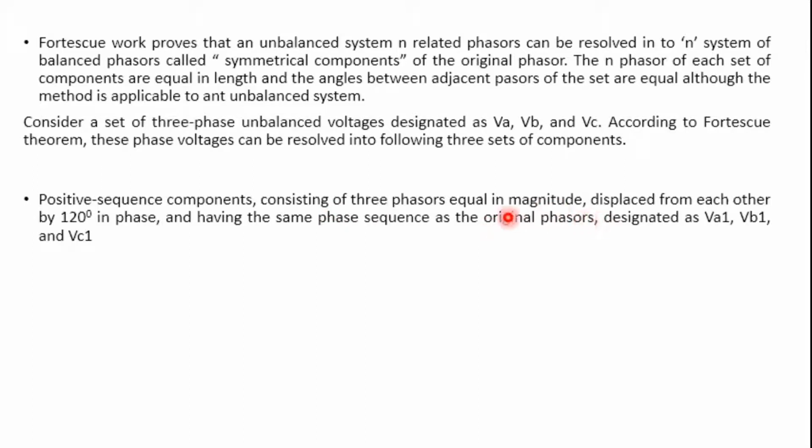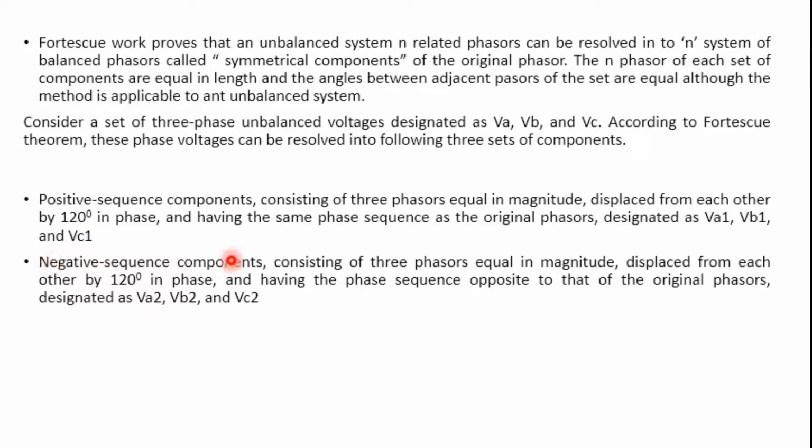There is no phase angle difference between any of the phases with respect to the original one. These are designated VA1, VB1, and VC1. Wherever we write a 1, it denotes a positive sequence component.